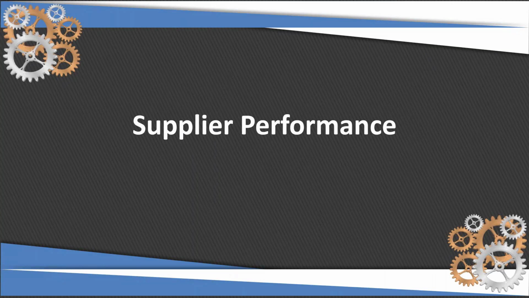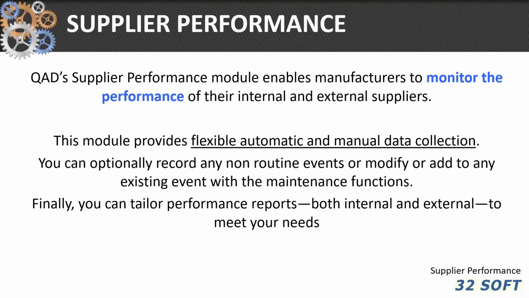So, talking about happy suppliers, QAD gives us a supplier performance functionality where you can monitor the performance of either external or internal suppliers. If you're familiar with MMOG in the automotive industry, this is one of the requirements, to have a supplier performance.